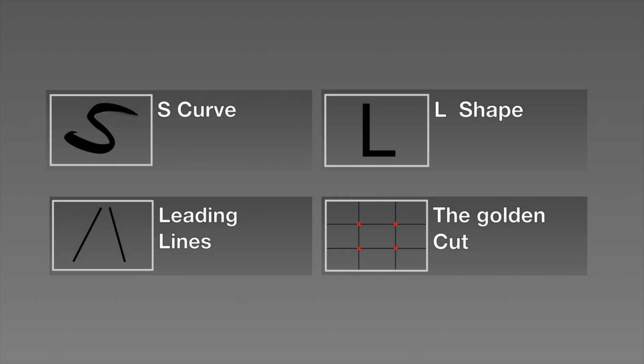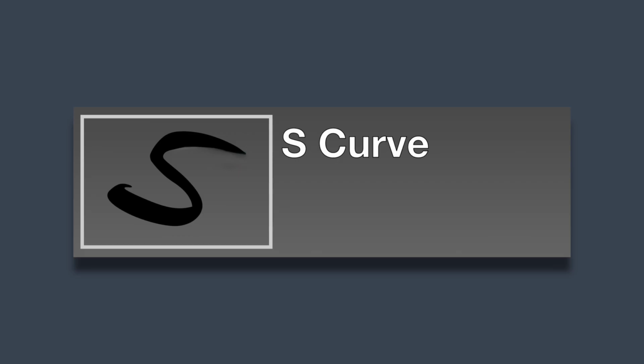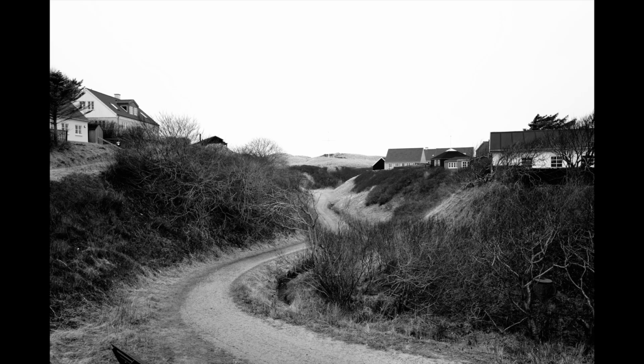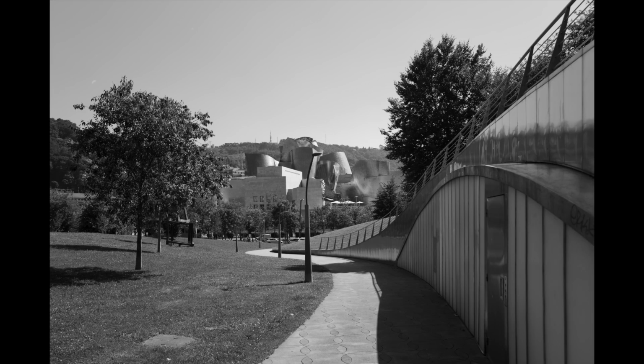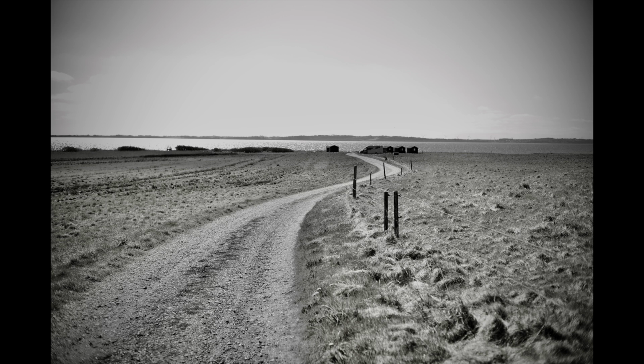And now I'll talk about the four most important, for me, composition rules that I think every photographer should know about. The S-curve. The S-curve guides your viewer into the picture and often to the main subject. The S-curve gives your picture a calm and friendly appearance and is often used in landscape photography.